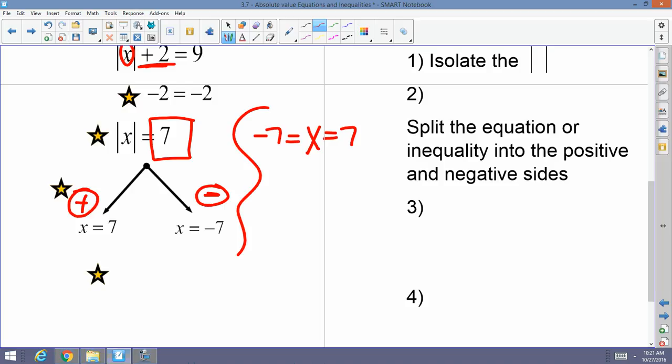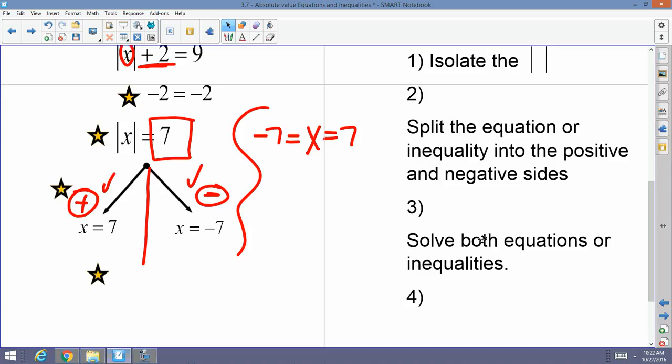I'm not going to dictate to you how to do it. I'm a creature of habit. I split it into my positive and my negative side, and I solve each individually. That's me. I'm not dictating that you have to do it that way. I don't really care. As long as you understand what you're doing, it's not going to be any skin off my nose. It's still the same work, still valid, still mathematically legal. So we're good.